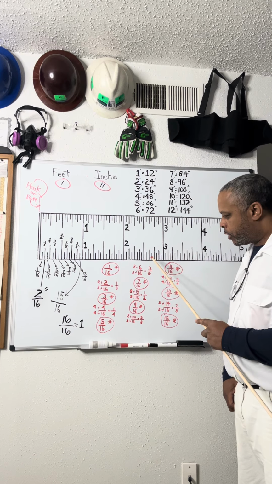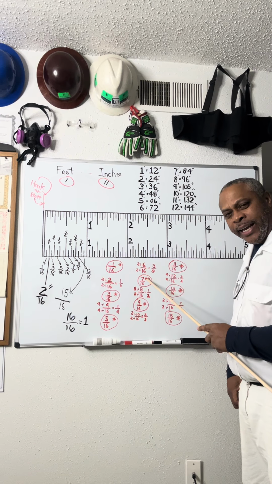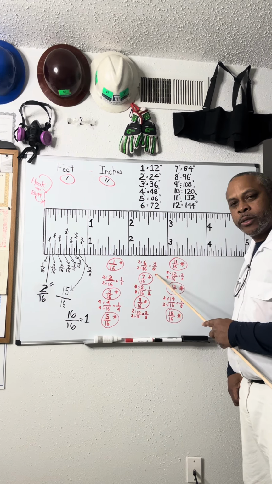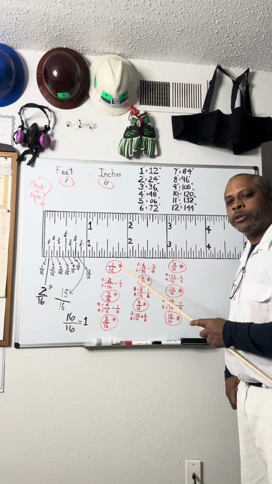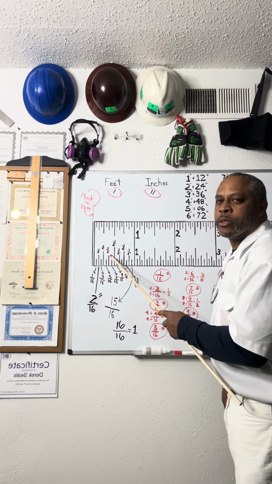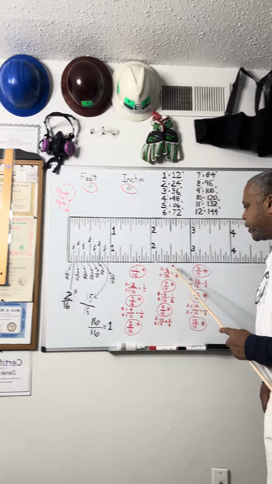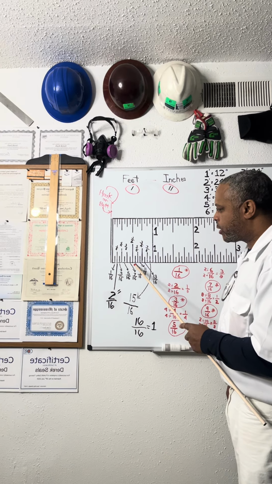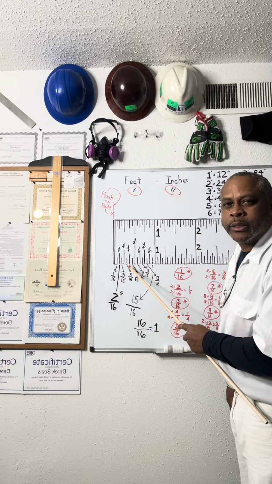This is division. 2 goes into 16 8 times. That's how you come up with 3/8. From division to multiplication. So, 3/8, 6/16. 6/16, 3/8. So when we go to 7/16, that's right before you get to the 1/2 inch.